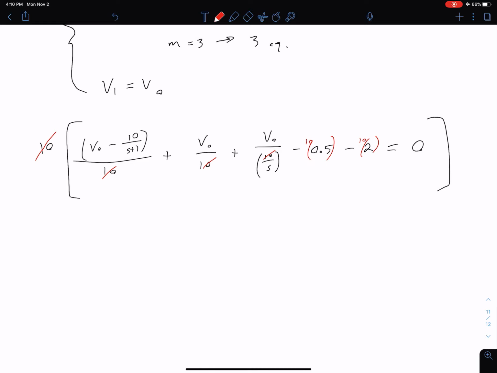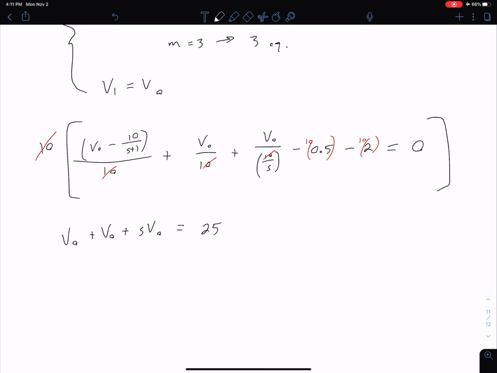Doing that and collecting some terms, we're going to have a V out from the first term, plus a V out from the second term, plus an s V out from the third term, and then a -5 and a -20. Moving them to the other side, we have +25.